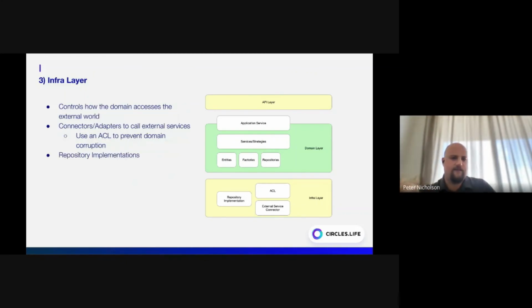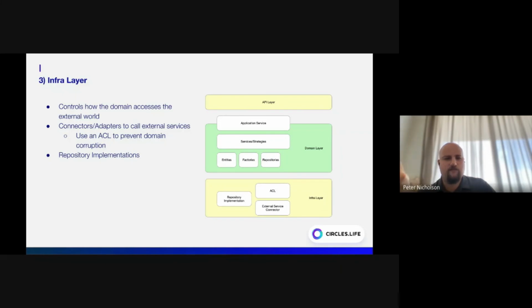And lastly, the infra layer is controlling access to the external world from the domain. And this is going to allow the other services to be evolved without corrupting our domain, either because their APIs changed and we now need an API call, or the transport method changed, so we need to use gRPC instead of REST.